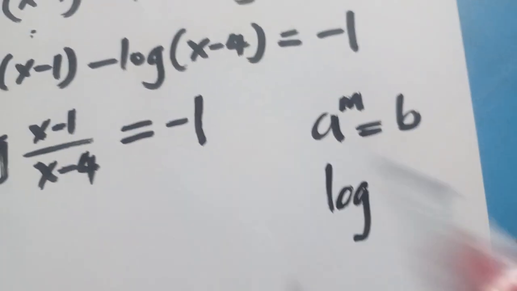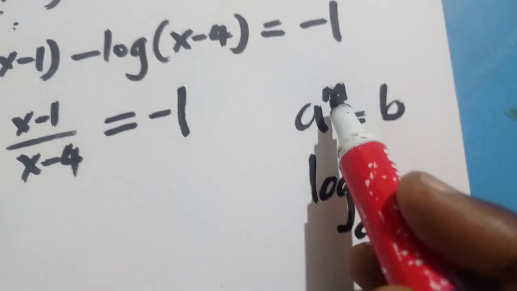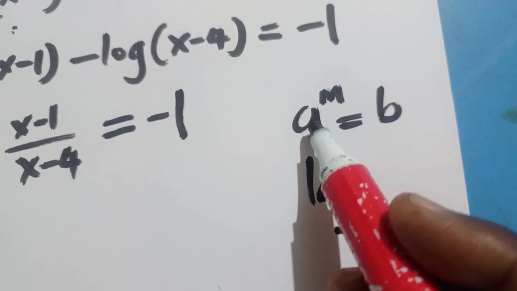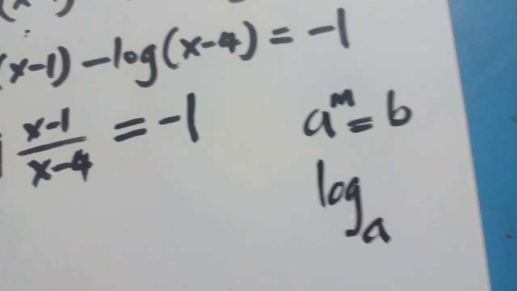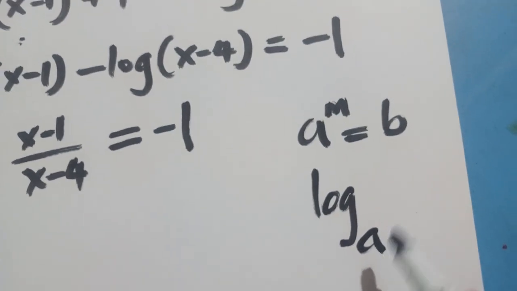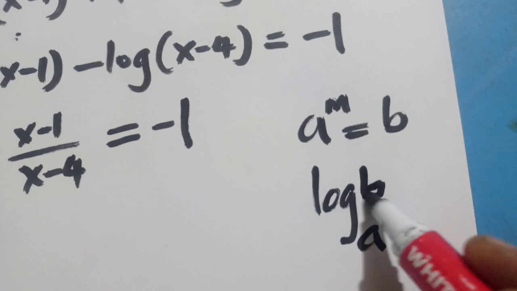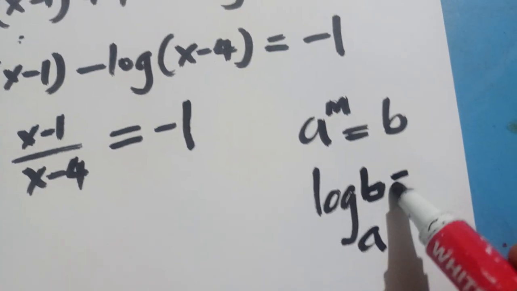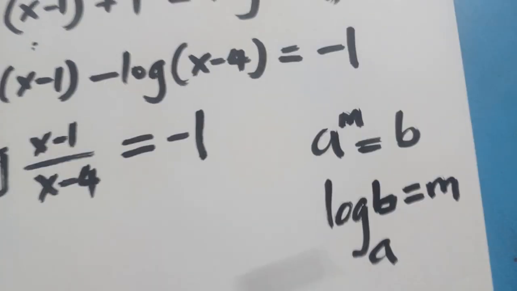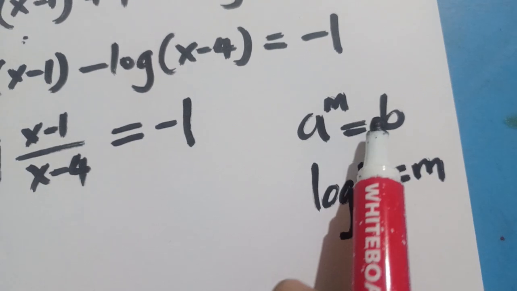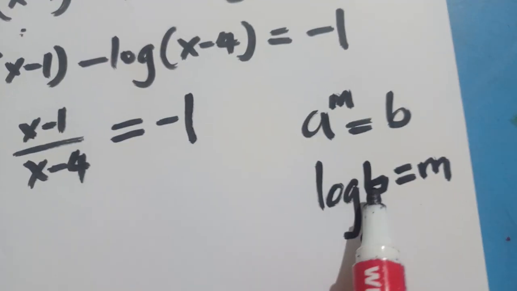Now we say log to base a of some number b is equal to m. Remember here, a is a base and m is a power. So if this is the index notation, this is logarithmic notation.